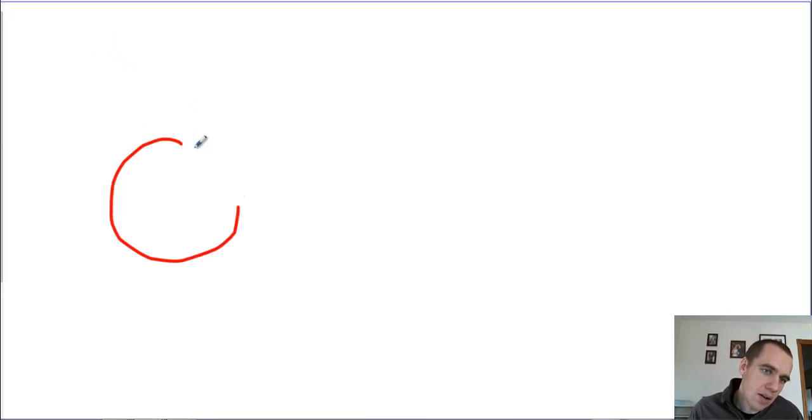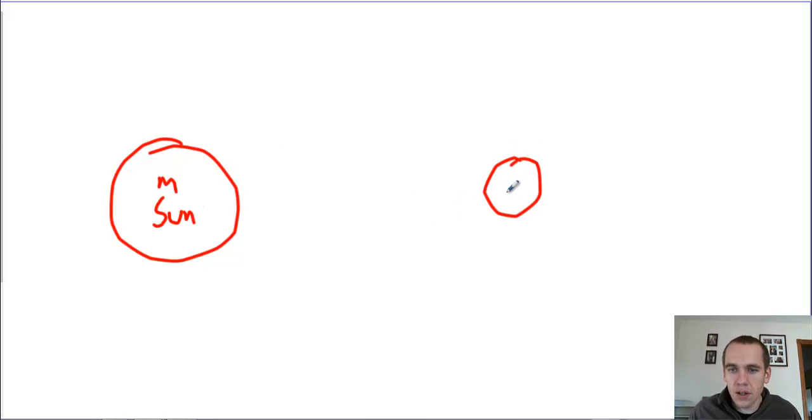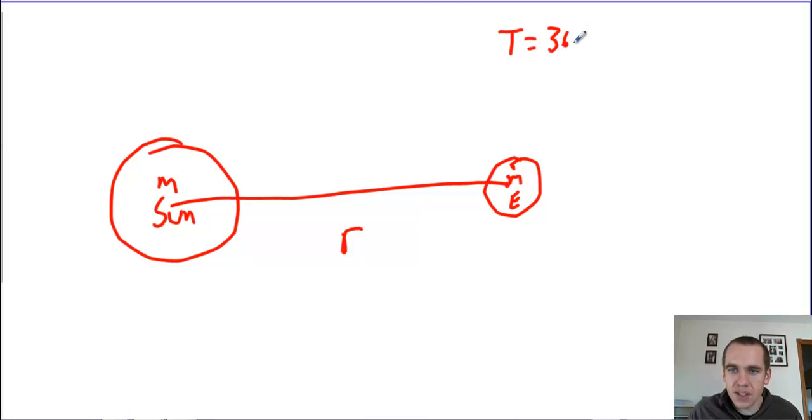Because if the Sun's here, it has some mass, and the Earth is here, with the mass of the Earth, we know the separation between them, from here to here, where that has some distance r. We just found the mass of the Earth, and we also know the period of the rotation. We know T equals 365 days.